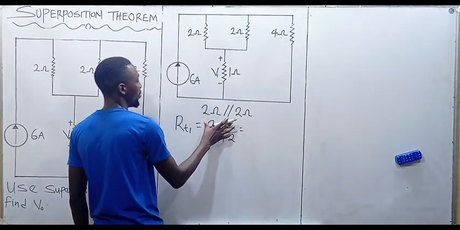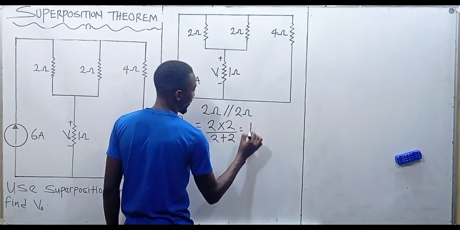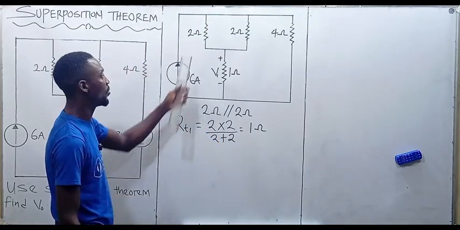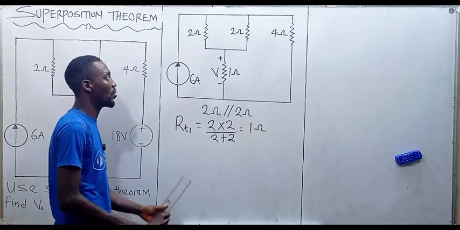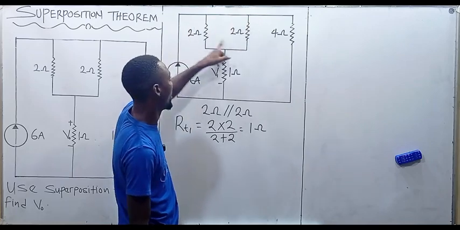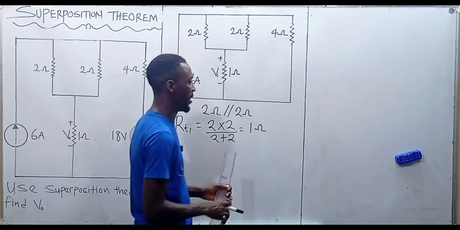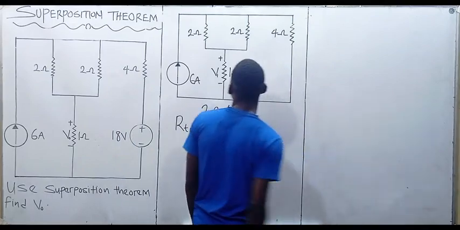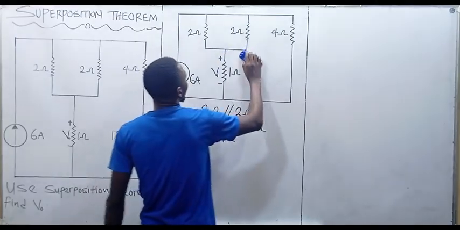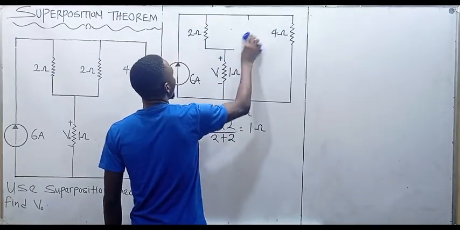All right, so this is 4, this is 4, so our answer will be 1. So that is the parallel combination of these 2 ohms and these 2 ohms, which is going to give us 1. So we can combine these two together and put them on a straight line here. So they will give us 1. I hope you understand. All right. So let's clean this.